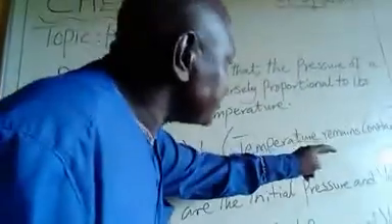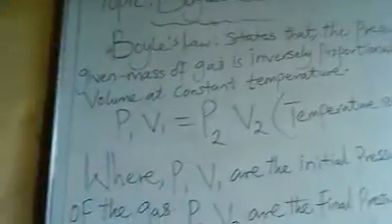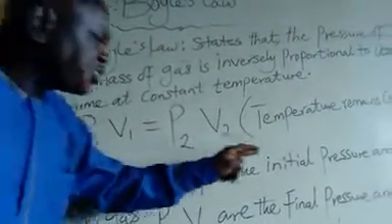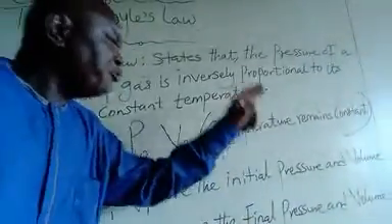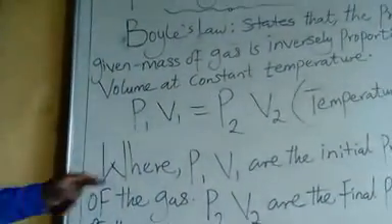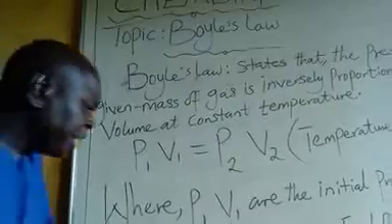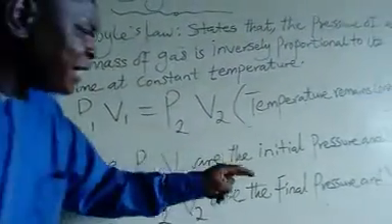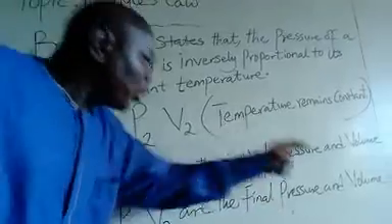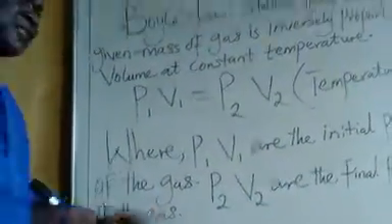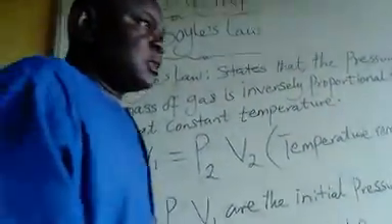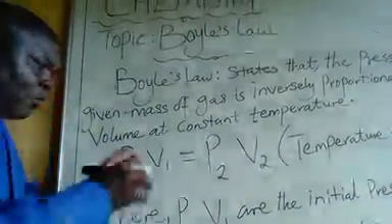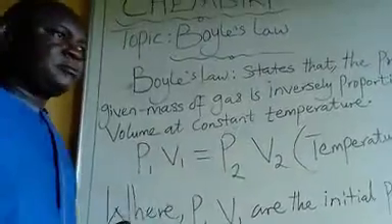Temperature remains constant, where P1 V1 are the initial pressure and volume of the gas. P2 V2 are the final pressure and volume of the gas. I'm going to set a question on this.